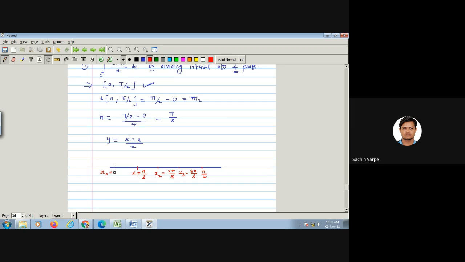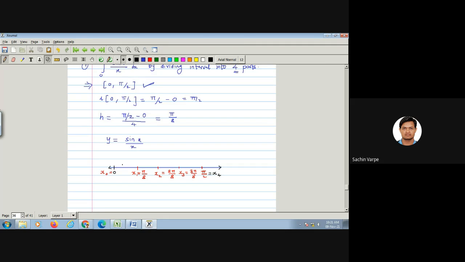That is my upper limit of the interval. Is this clear to everyone? So x1, x2, x3 and x4, and x4 is my upper limit.